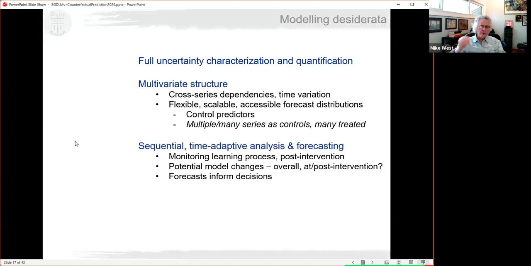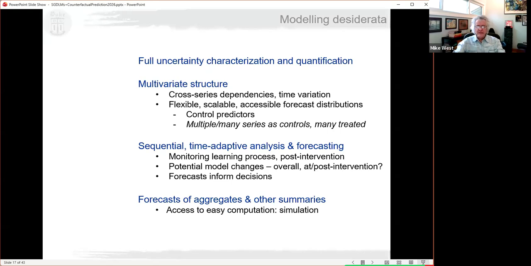The whole focus on sequential time adaptivity is so important, because in monitoring a promotion campaign in supermarkets, store managers and regional managers don't want to continue to lose money through a promotion if it's not working. And if it's working, the regional managers and the national managers want to play it out in other stores. So the whole business of doing things sequentially to inform decisions is a real key.